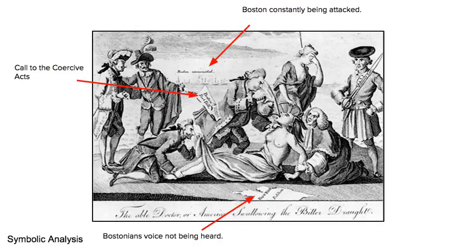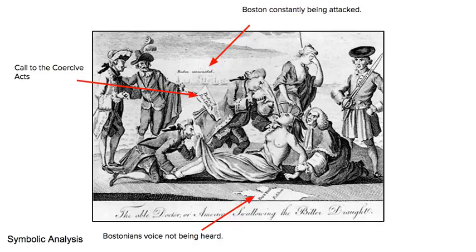Boston cannonaded, Boston being constantly attacked by cannon fire, or not cannon fire, by taxes, by legislations, time and time again, the British are enforcing their authority over Boston. And so Boston is being cannonaded, they're constantly being attacked.